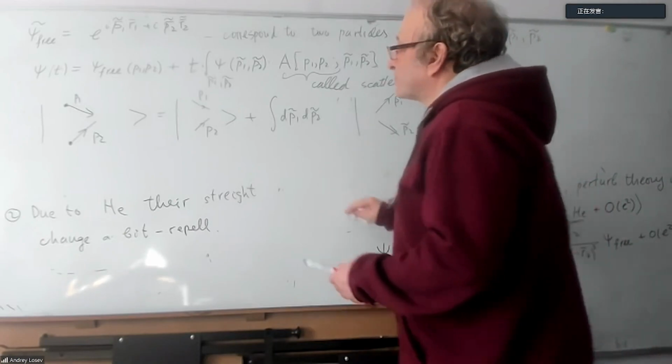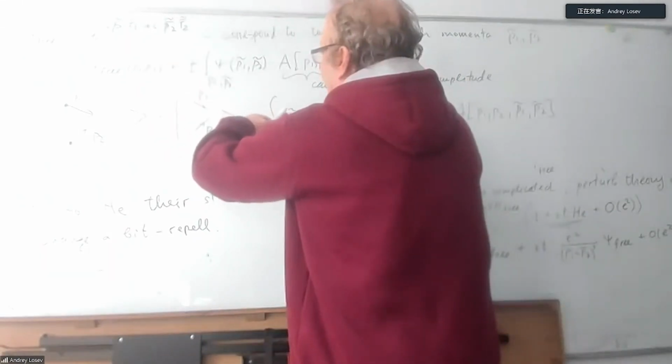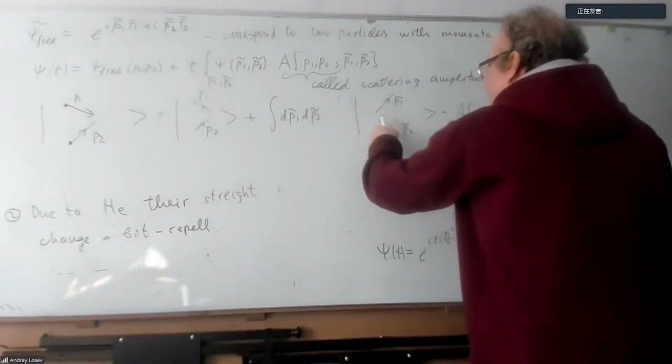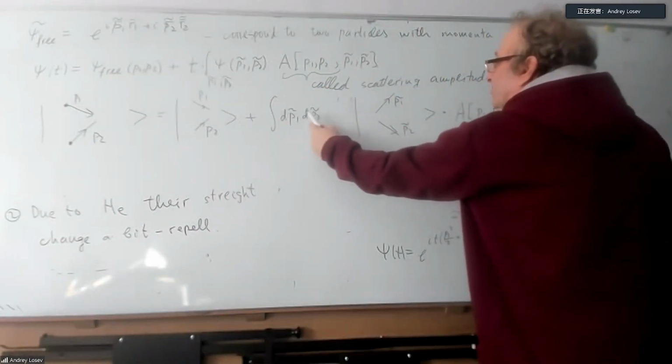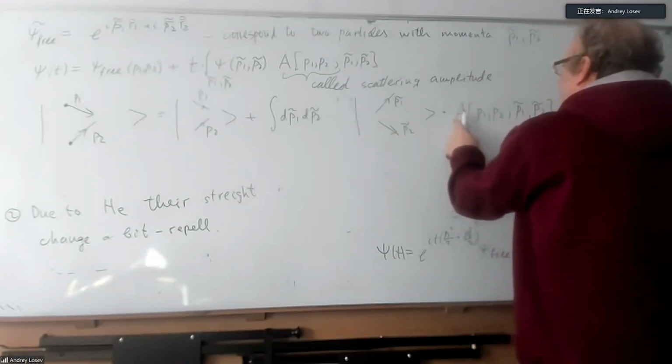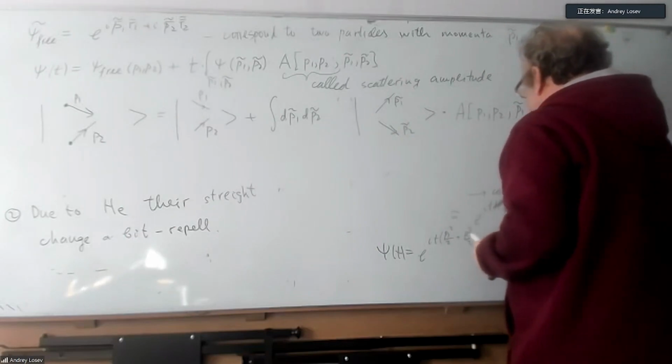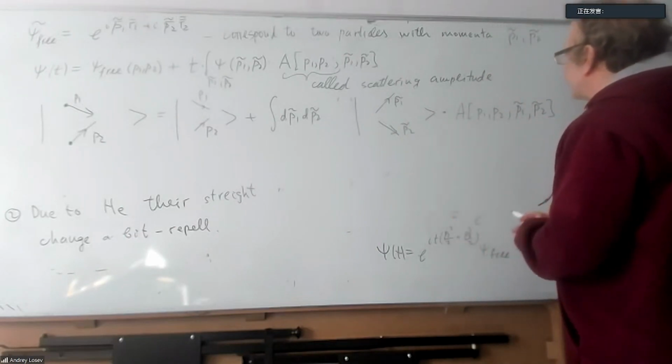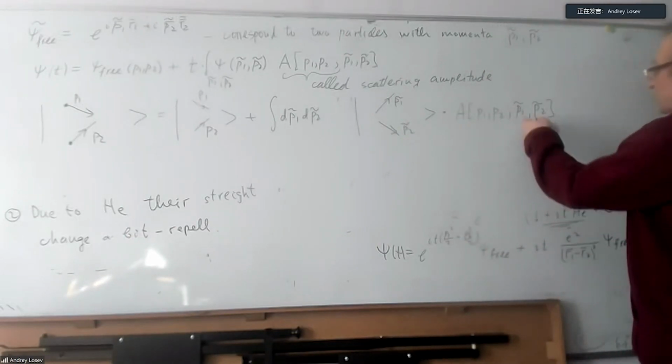So particles coming together become linear combinations of particles going in the other directions with some coefficient. And it is clear how to compute it.